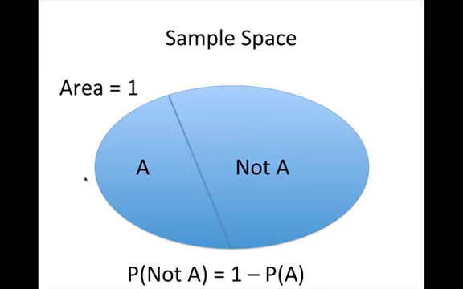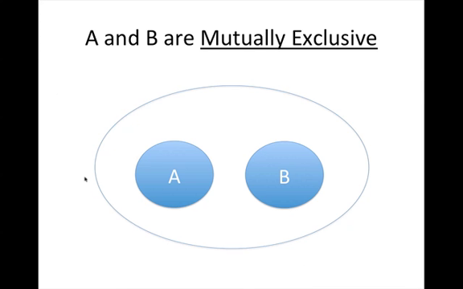Let's go back to the PowerPoint now. Mutually exclusive events are events that cannot occur together. So when one event occurs, the other one cannot occur. So let's think about rolling a die. The event that I get a 3 when I roll that die, and the event that I get a 4, those events are mutually exclusive because me getting a 3 precludes me from getting a 4.